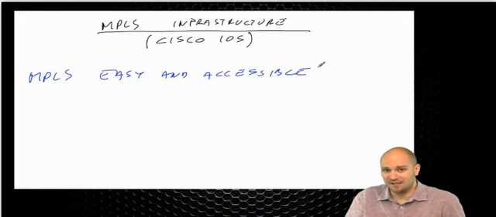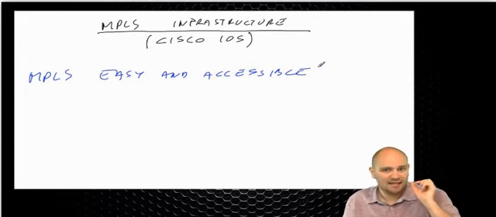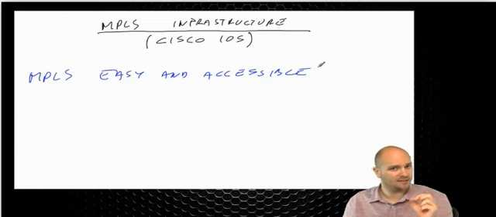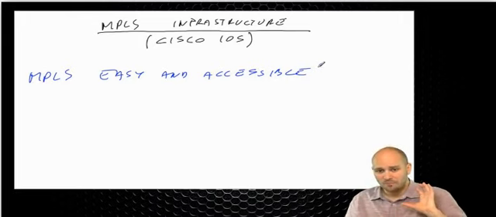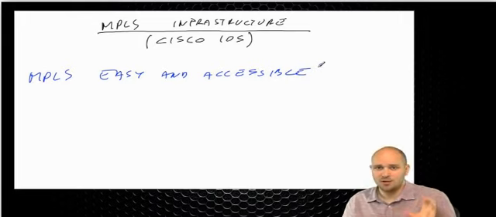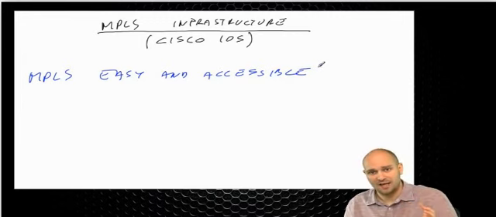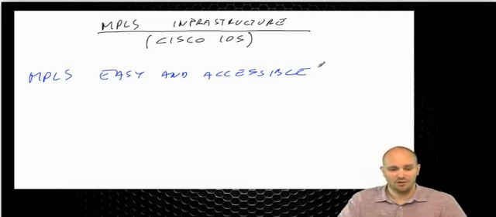So MPLS itself is not that complex. It's the MPLS applications that add the complexity there. We're going to talk about MPLS applications later on, but right now I want you to have this in mind: with Cisco IOS, Cisco is trying to make MPLS rather easy.